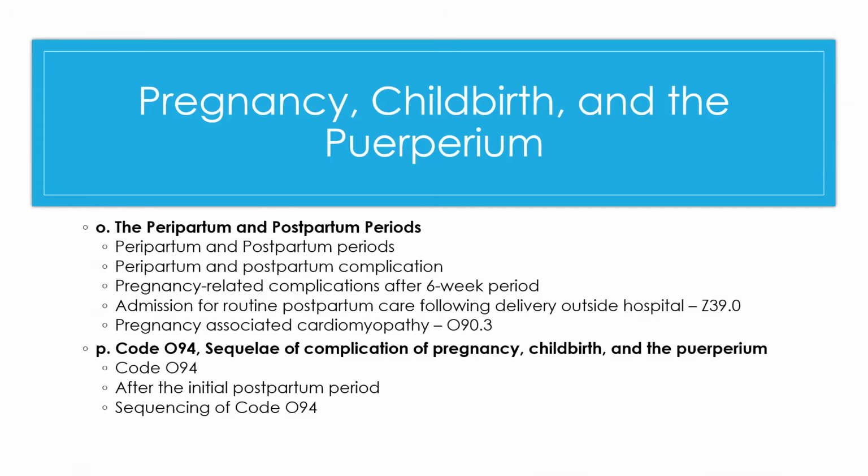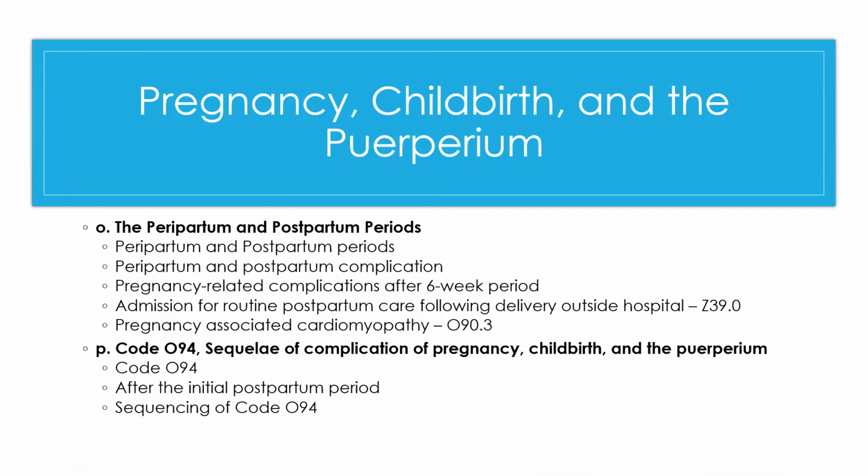Number 5, pregnancy-associated cardiomyopathy. Pregnancy-associated cardiomyopathy code O90.3 is unique in that it may be diagnosed in the 3rd trimester of pregnancy, but may continue to progress months after delivery.